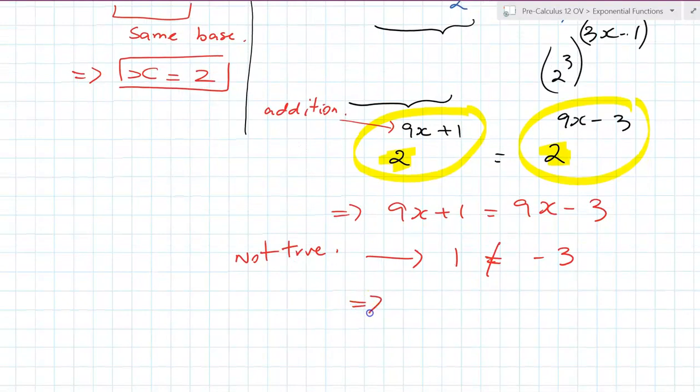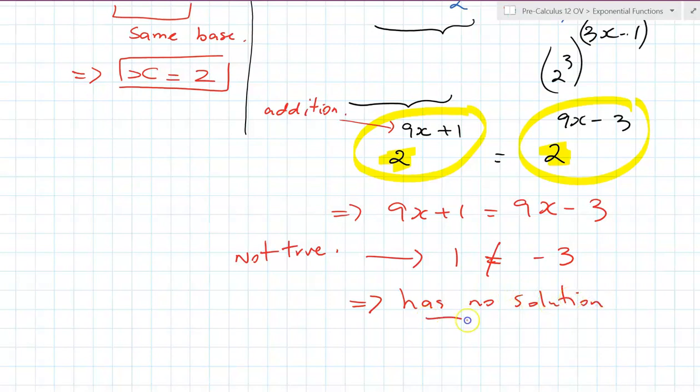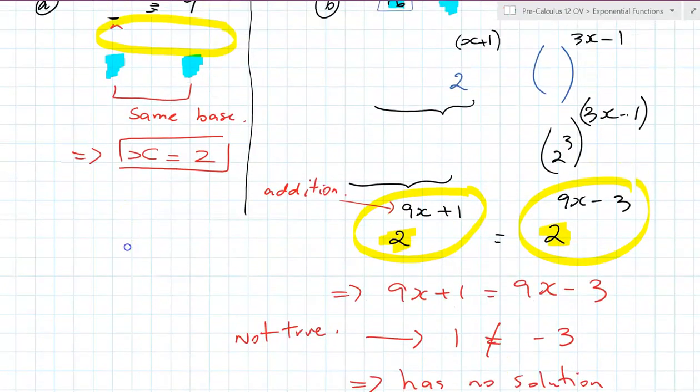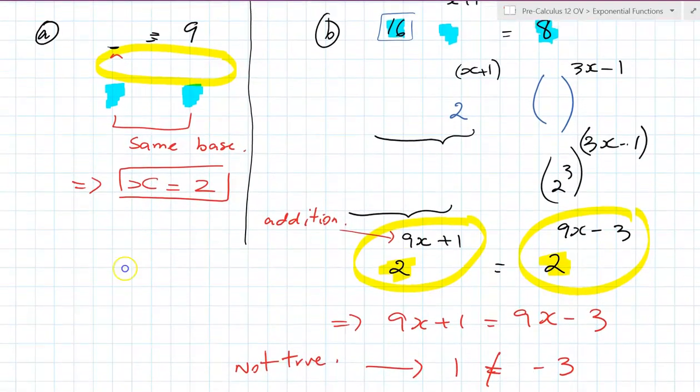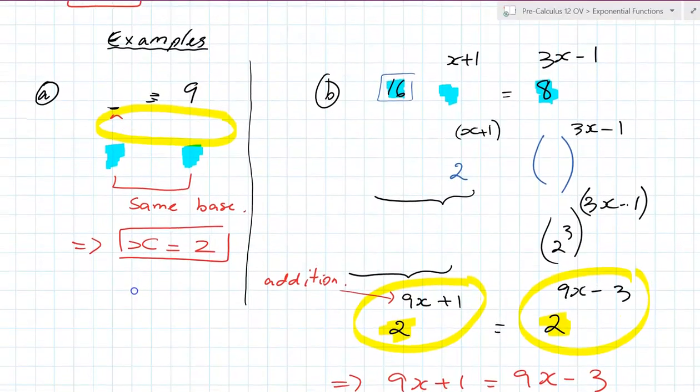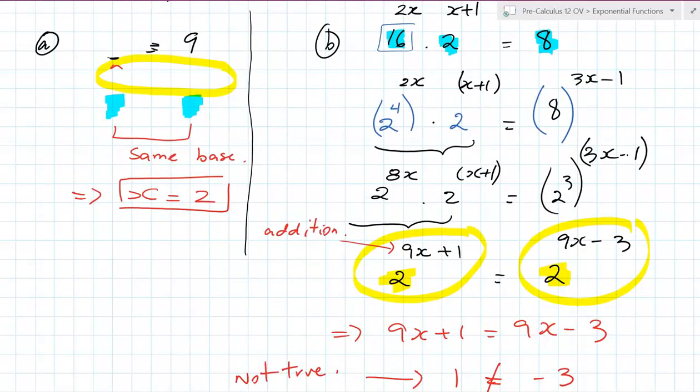Therefore, this equation has no solutions. So this equation that we brought up at the first, there are no values of x that will actually make that equation true. And that is the final thing that you have to do to double check, making sure everything is okay. And that is basically it.